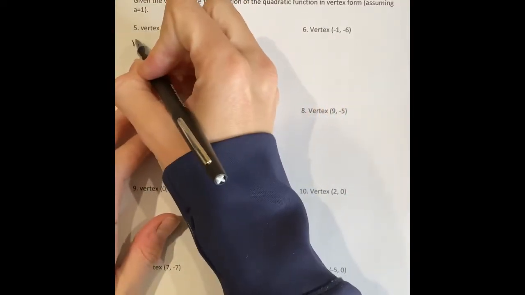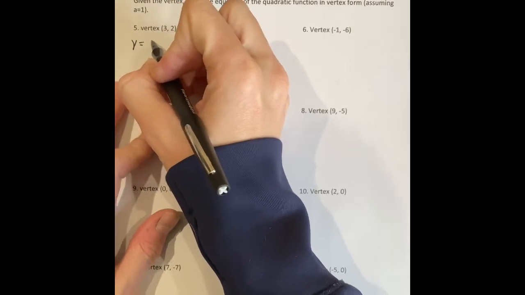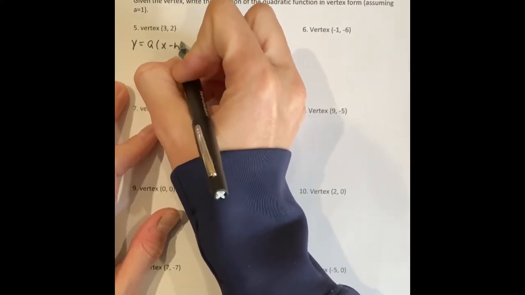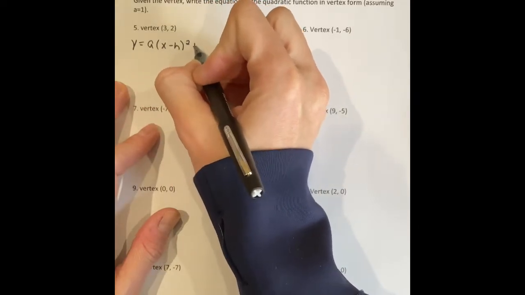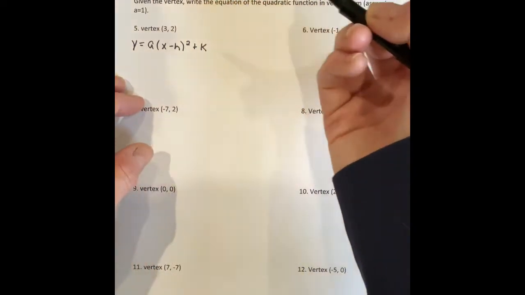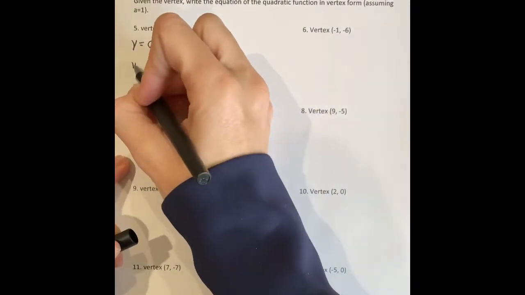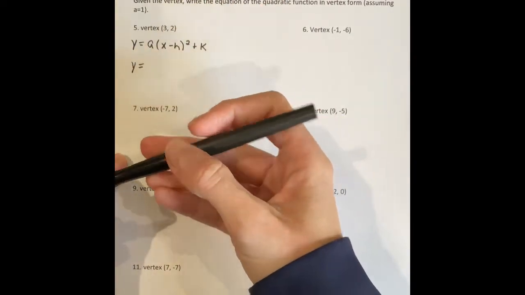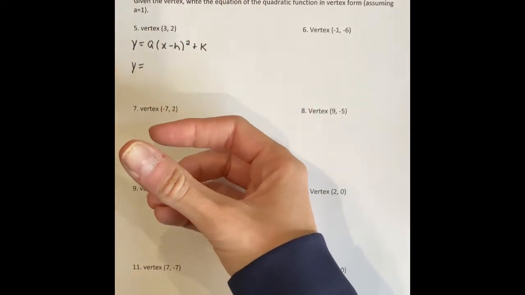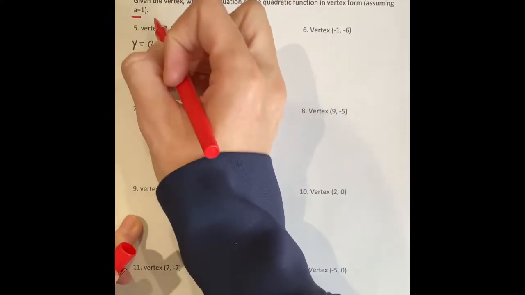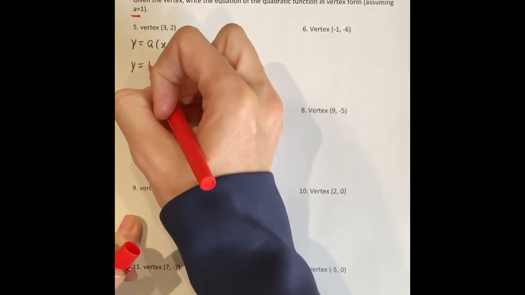So every time we're going to write y equals a(x minus h) squared plus k. So then, first we need to fill out our a value. And a, we're told, always equals 1. So instead of a, we're going to replace it with 1.